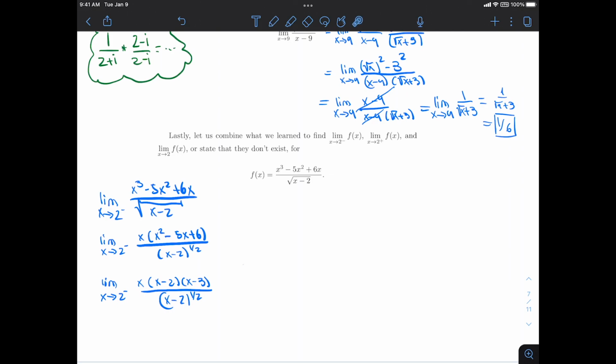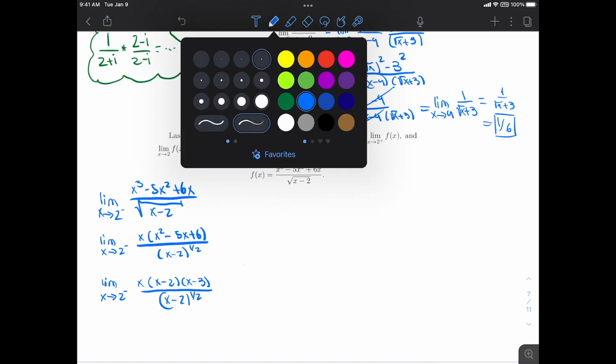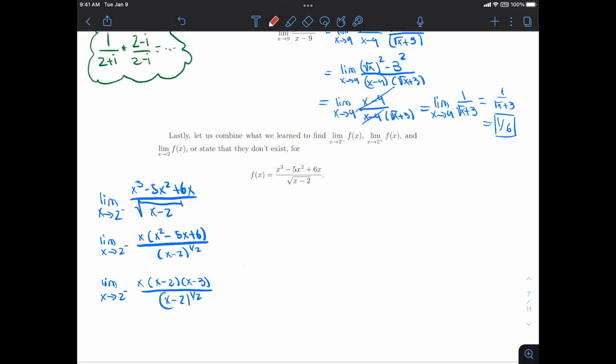I could have noticed before, but since I'll have some work to do on the other end, I just thought I'd do it here. But I can't go much further than this, because this thing is already not well defined. And I'll note that. Realize that x approaching 2 from the left means x is less than 2, and therefore x minus 2 is less than 0, so the root of this is undefined.